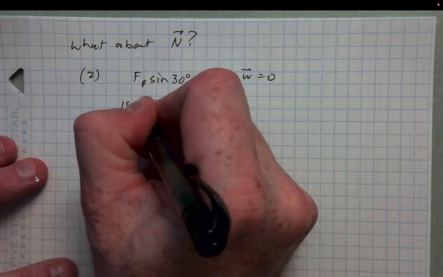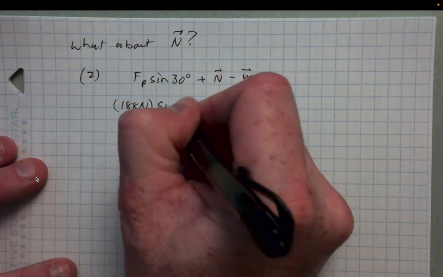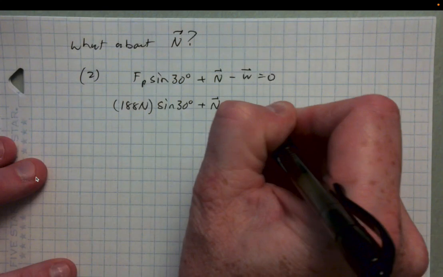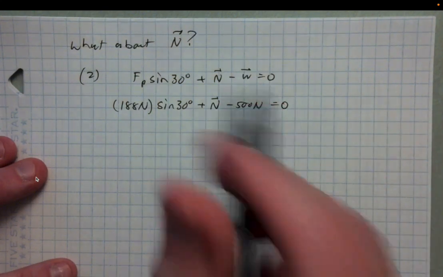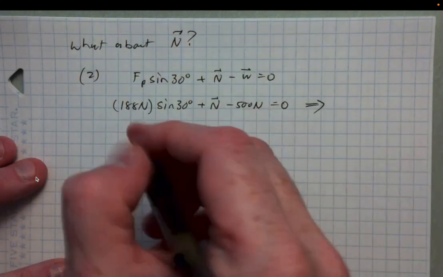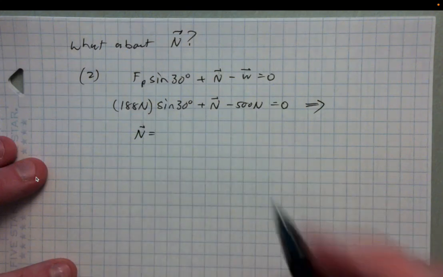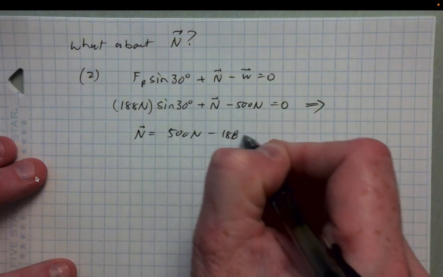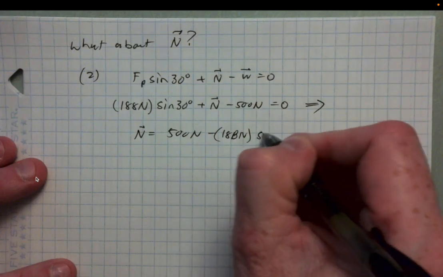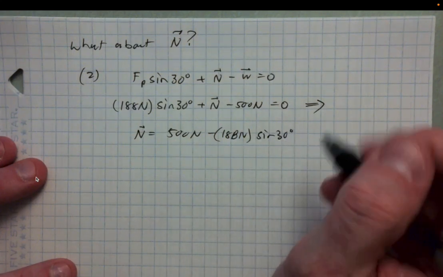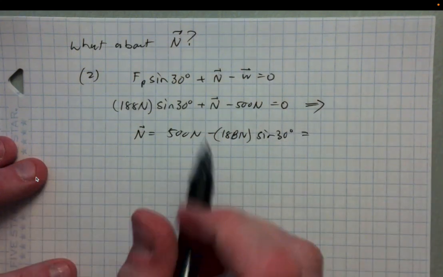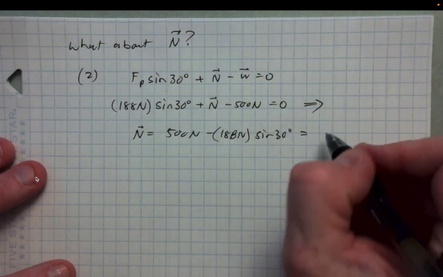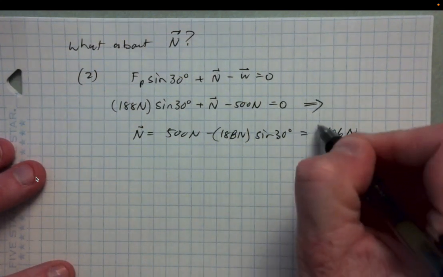So 188 newtons times the sine of 30 degrees plus the normal force minus 500 newtons equals 0, and I can therefore solve this: the normal force must be 500 newtons minus 188 newtons times sine of 30 degrees. And when you do all of that, you get 406 newtons.